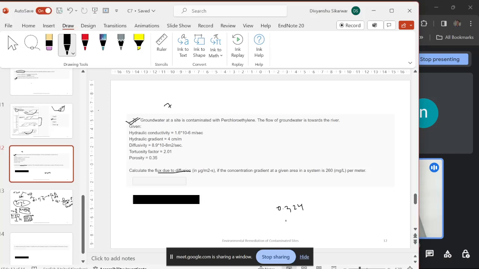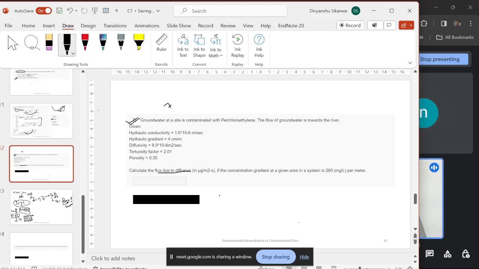Actually, the value which I have is around point, I think 4 point something or point 0.4 something. Let me solve. So we need to calculate Okay, sir.